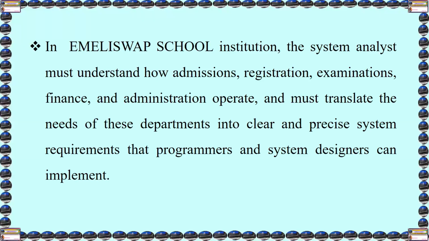Very important. So in EMELISWAP school, the system analyst must understand how admissions, registration, examinations, finance, and administration operate, and must also be able to translate needs of those departments into clear and precise system requirements that programmers and system designers can implement.